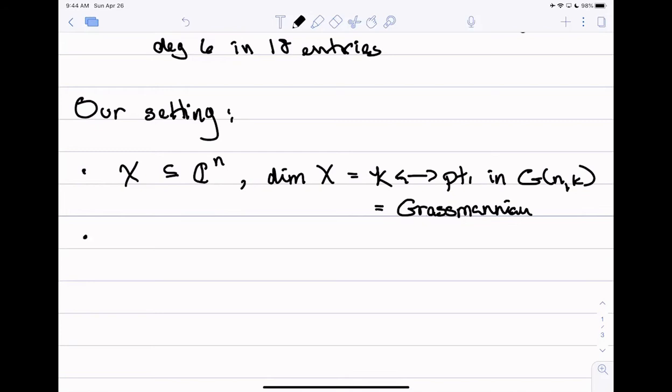Well, I do want to get matrices involved again. So if I have a k-dimensional subspace of C to the n, and I pick a basis for it, I'll get k length n vectors. And I'm going to write those as rows of a matrix.